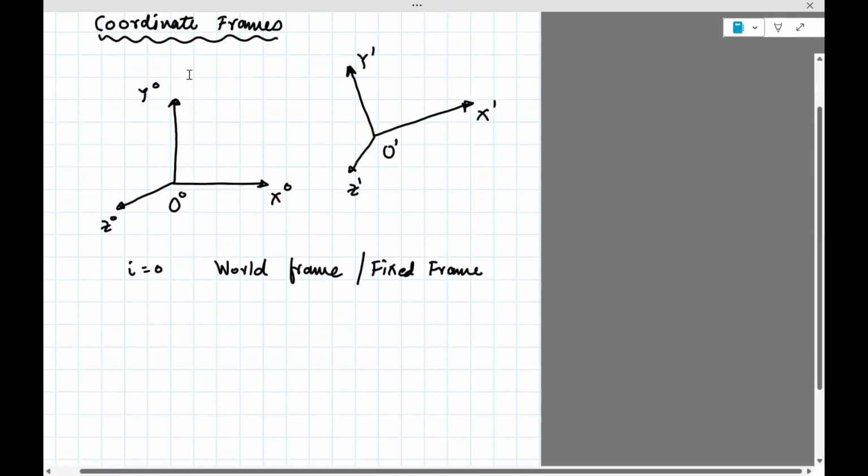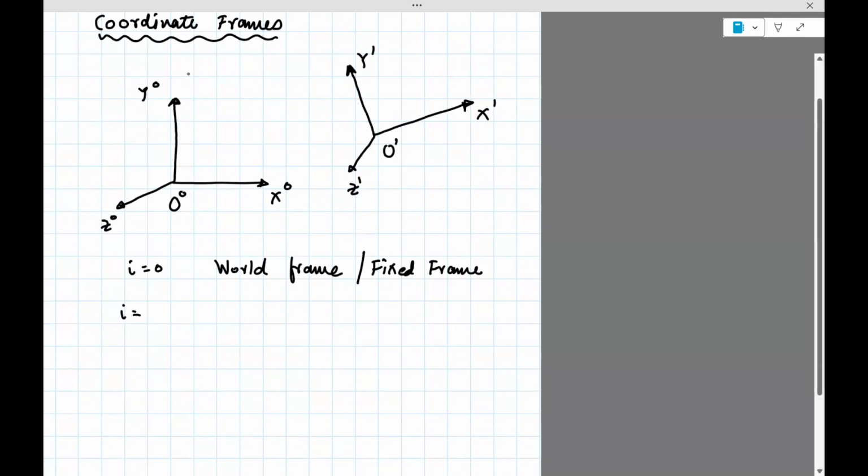And then when i is greater than or equal to 1, so 1, 2, 3, we'll use those frames to be the body frame. I'll get to what I mean by body frame in just a bit. This frame is actually attached to the body and moves with the body.